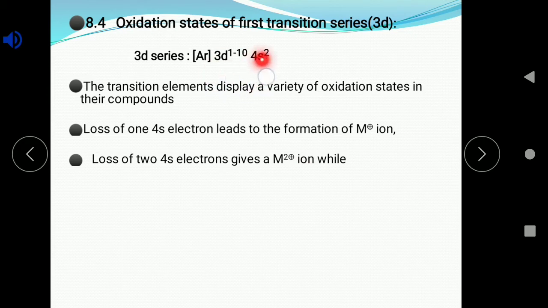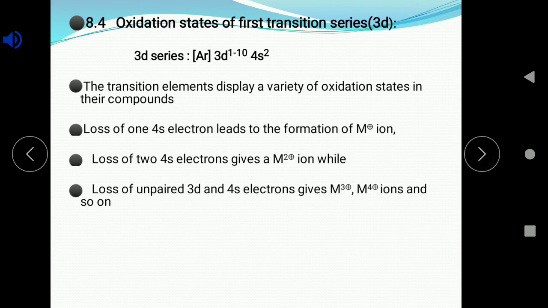Now D sublevel will start, and this D subshell has 10 electrons which can be donated because, as we know, first the D orbitals, or any orbitals, are singly occupied and then the pairing starts. Hence, it can donate 3 electrons, 4 electrons. If one of the 3D electrons and 2 4s electrons are lost, it will form M plus 3.